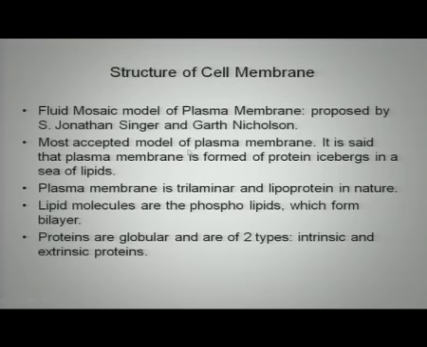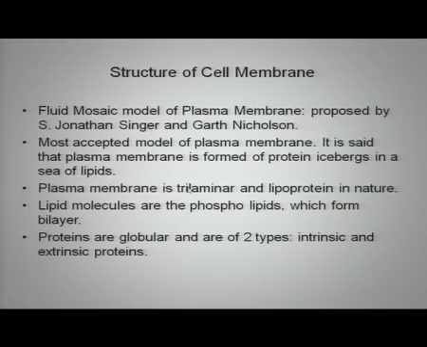There are other models also, like the unit membrane model proposed by Robertson. But the most accepted one is the fluid mosaic model proposed by Singer and Nicolson. It is said that the plasma membrane is formed of protein icebergs in a sea of lipids.